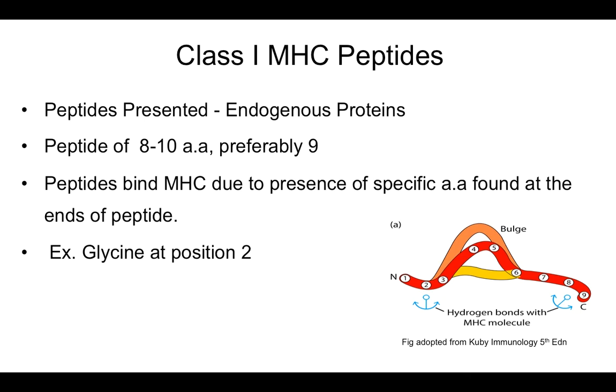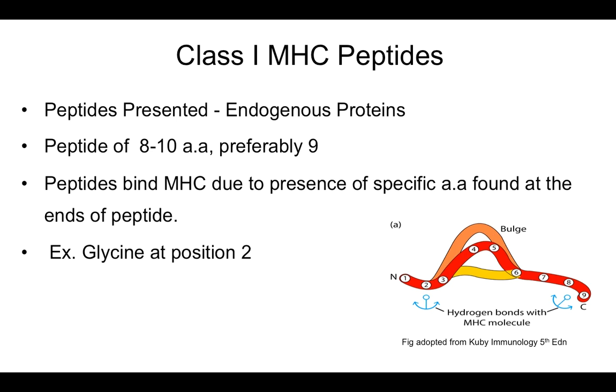The peculiarity of this peptide that binds in the peptide binding cleft is that at the ends, at the C terminal and the N terminal, it has to have hydrophobic amino acids such that these hydrophobic amino acids can bind with the amino acids that are present in the peptide binding site.